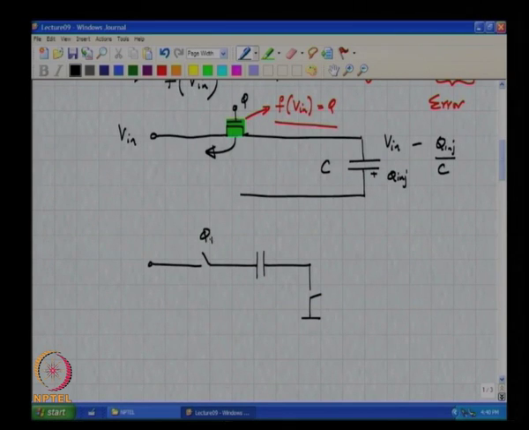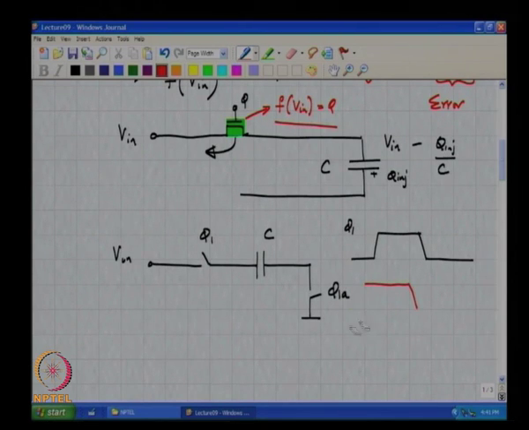So, this is phi 1 and this is often called phi 1a, where phi 1a is something which needs to fall to 0 before phi 1 falls to 0.